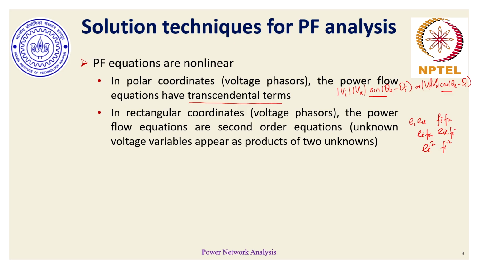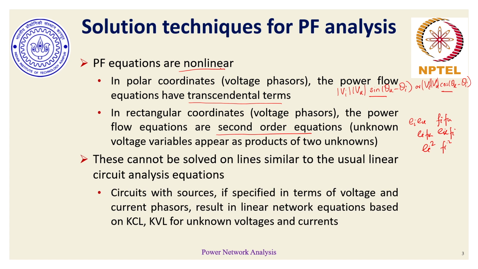So because there are these transcendental terms or quadratic terms, the overall power flow equations are nonlinear. They cannot be solved directly the way the circuit equations based on KCL and KVL were solved, which was discussed at length in the first lecture of the power flow analysis module.